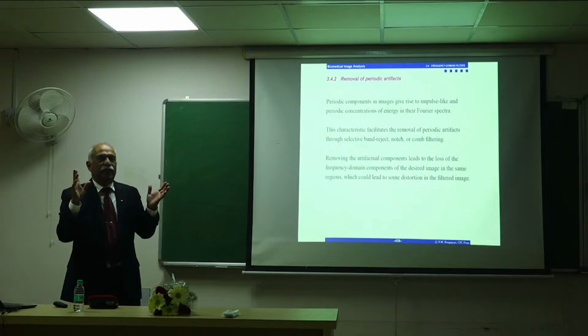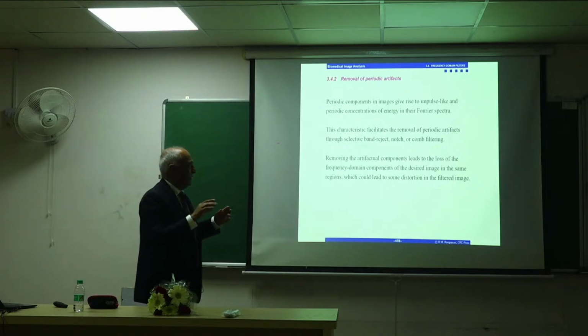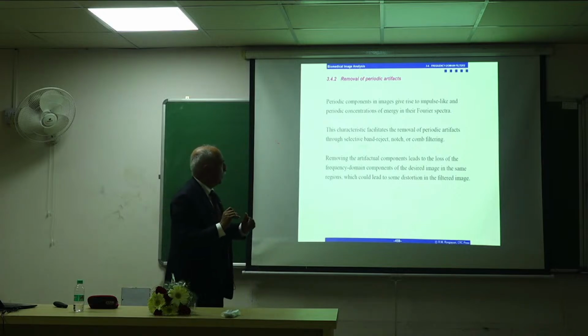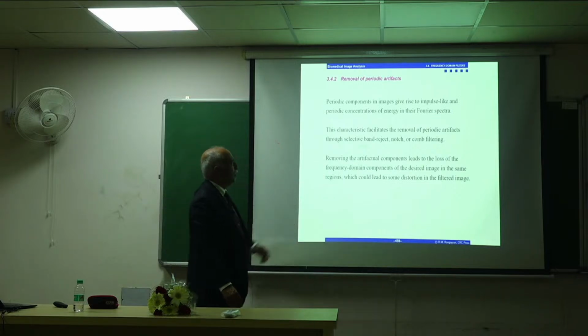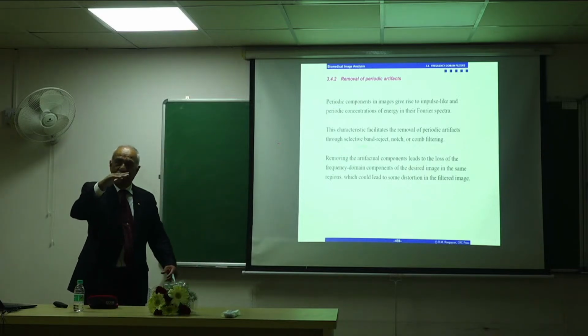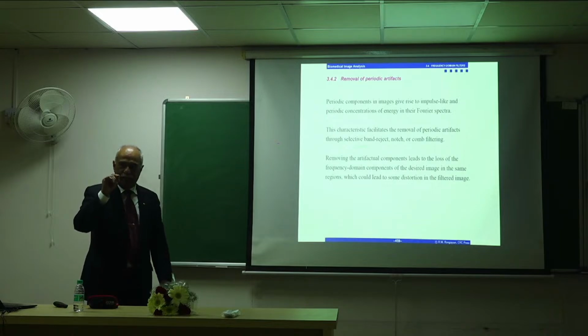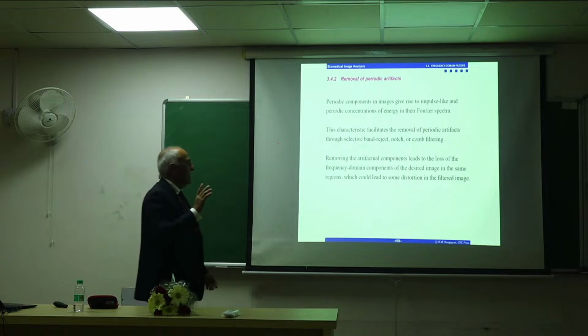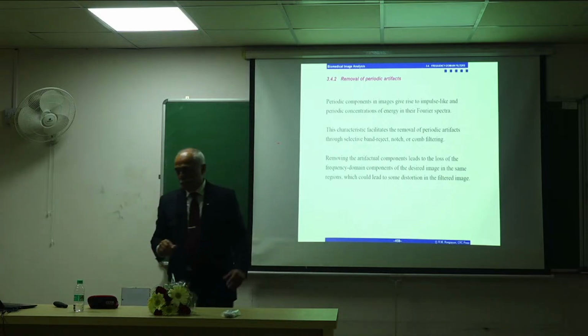Or apply some sort of filter that does not cause large discontinuities in the spectrum. So removing the artifactual components leads to the loss of frequency components of the desired image. They were added, but the image has some energy there. You need to preserve that and remove only the artifact. That is a bit of a challenge.